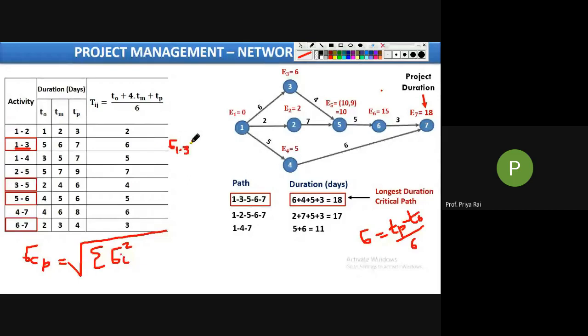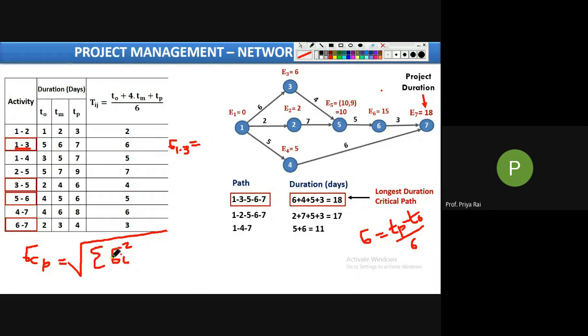See, we need not calculate sigma of all the activities. Why? For the critical path, we need only the critical activities' sigma values. So we have identified these are the critical activities, so only for these 4 activities we will calculate sigma, then simply use this formula.